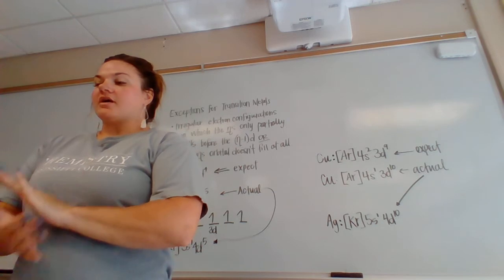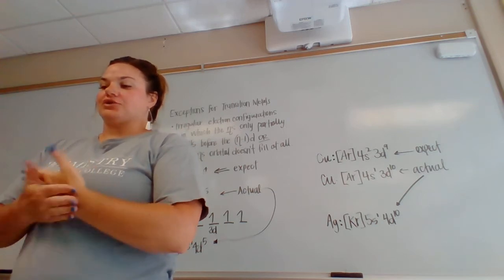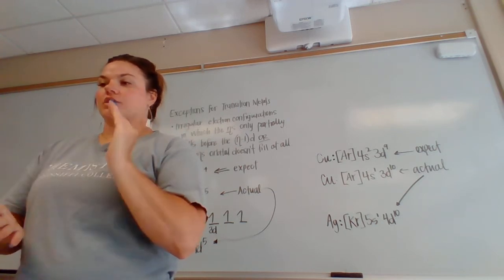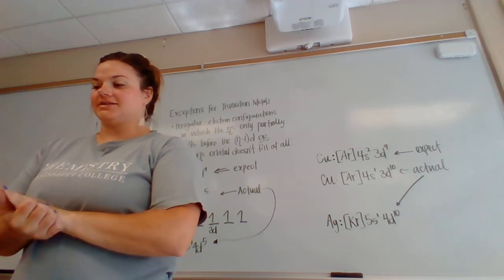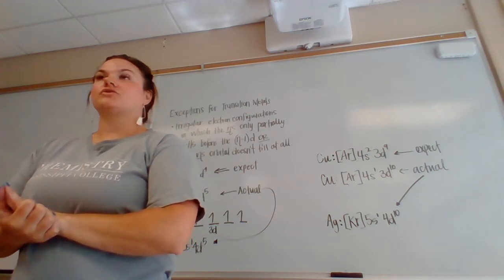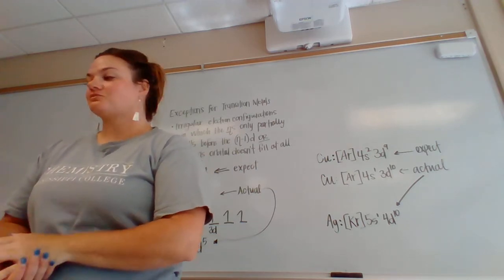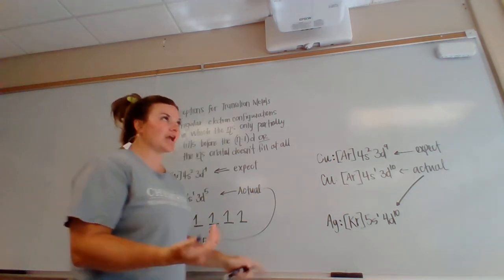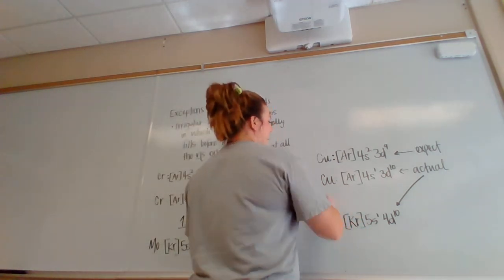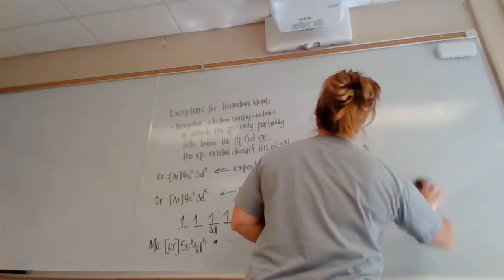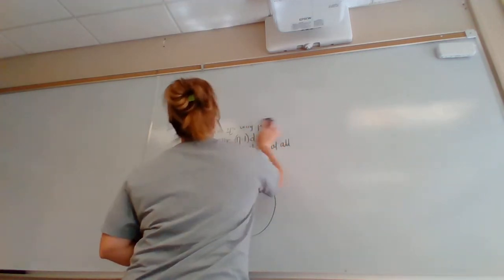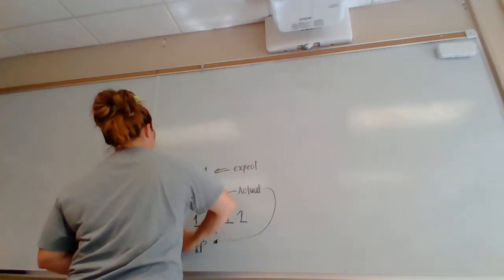So let's talk about how we write electron configurations for our cations and anions. It's actually quite simple, because we're trying to be like a noble gas. So our electron configuration should just be that of a noble gas.